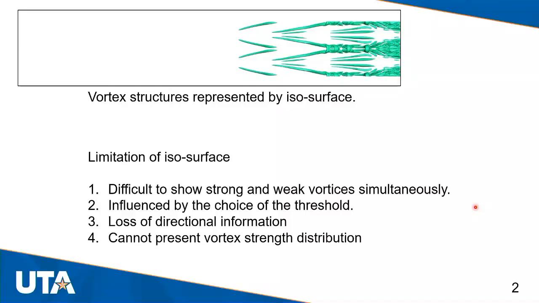But for the later stage, if you look at the ring, is the vortex strength stronger at the ring or at the neck? That's what we cannot know from the isosurface.